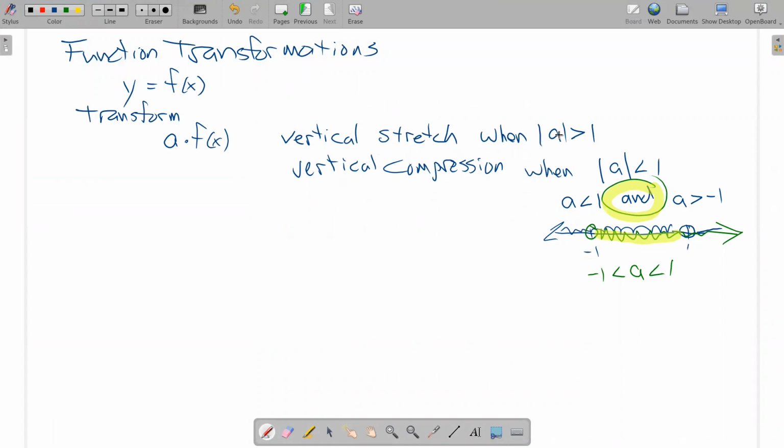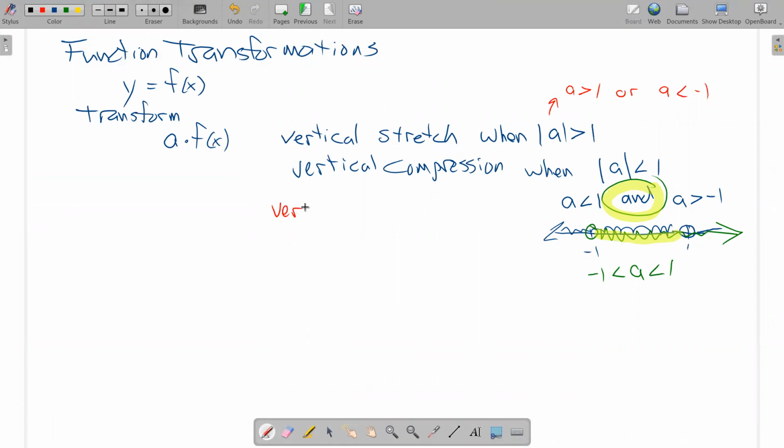So we have, if A in absolute value is greater than 1, that breaks into two cases. A is greater than 1 or A is less than -1. If we plug in exactly 1, nothing happens. But if A is -1, then we get a vertical flip around the x-axis.